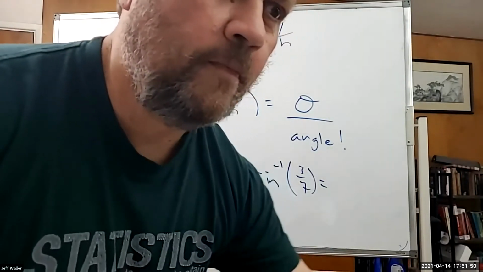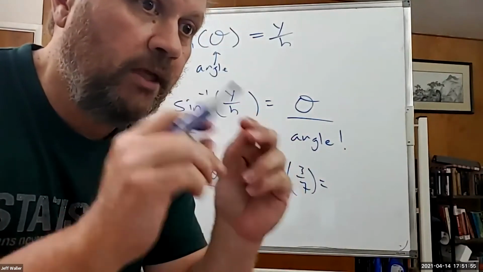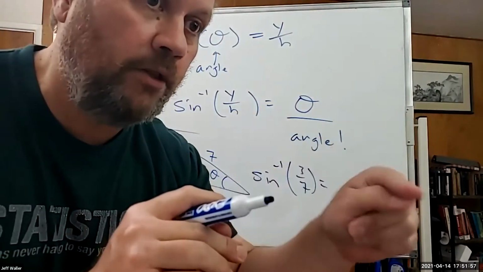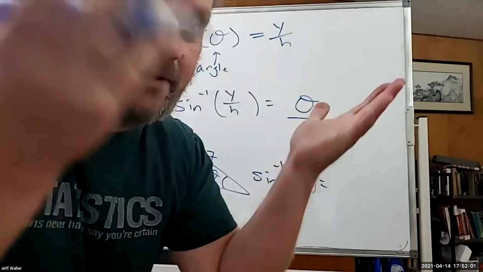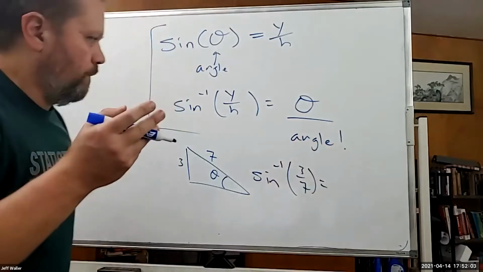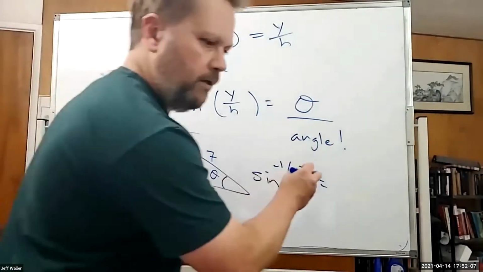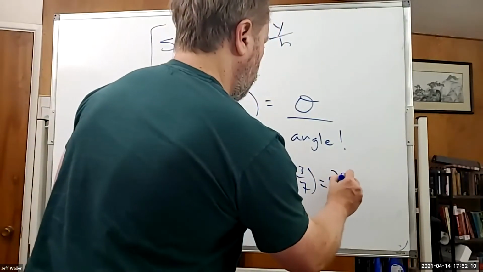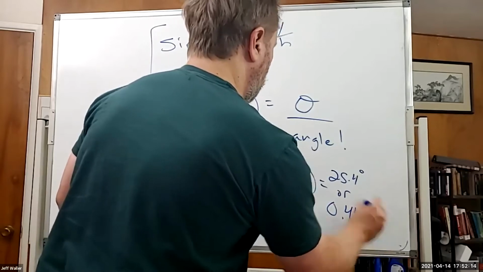So depending on the mode you have your calculator in, when you do an inverse trig function, it will give you an angle in those units. If you're in degrees, you get degrees. If you're in radians, you get radians. So this would be 25.4 degrees or 0.44 radians approximately.